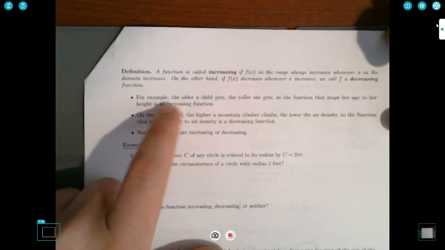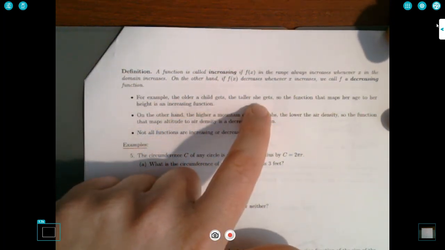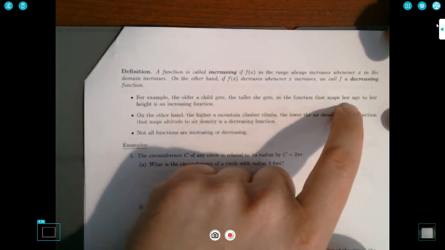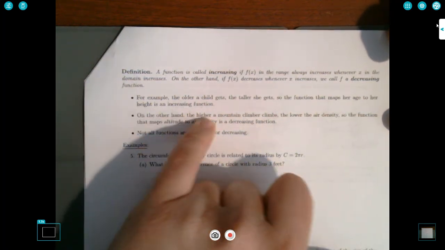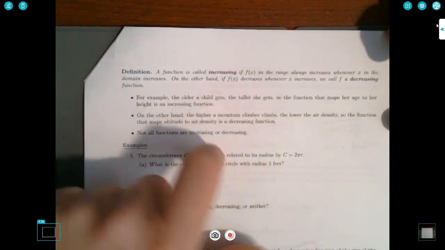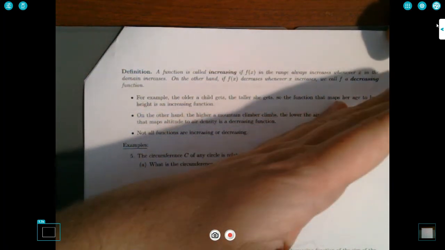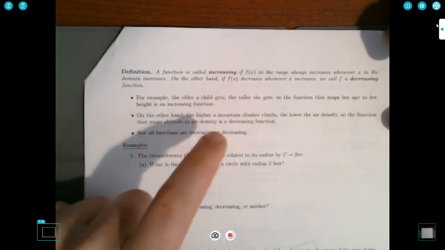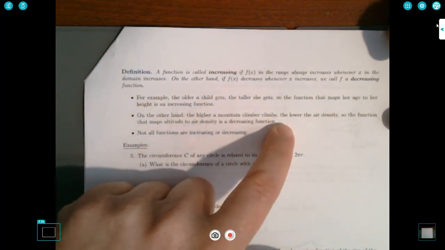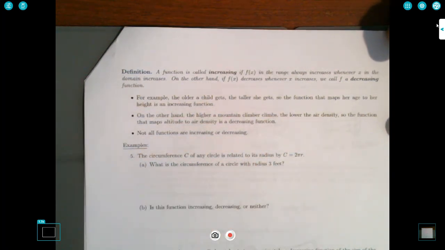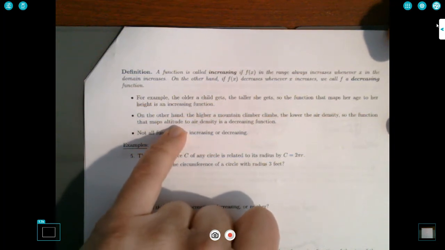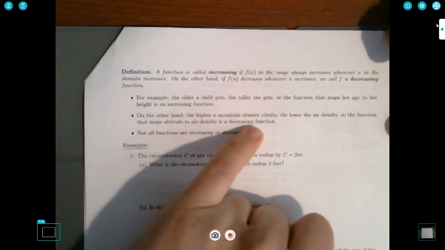So for example, the older a child gets, the taller she gets. So the function that maps her age to her height would be an increasing function, right? As she gets older, she gets taller, so it's increasing. On the other hand, the higher a mountain climber climbs, the lower the air density. So the function that maps altitude to air density is a decreasing function.